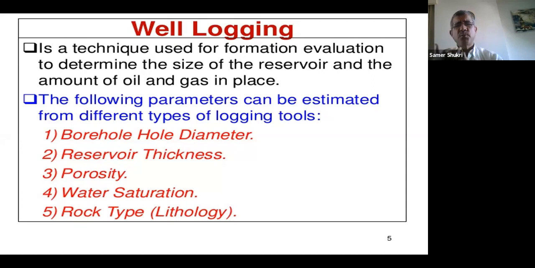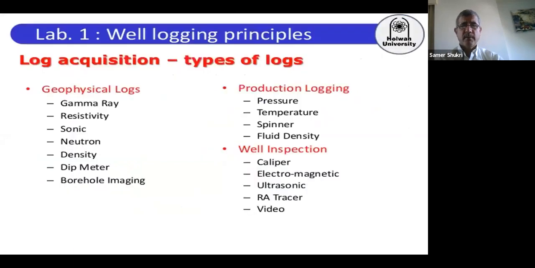You can obtain the borehole diameter, reservoir thickness, porosity, water saturation, rock type, lithology, and so on. All of these data you can obtain, and after that you can use the equation to calculate the original oil in place, or we call it reserve.